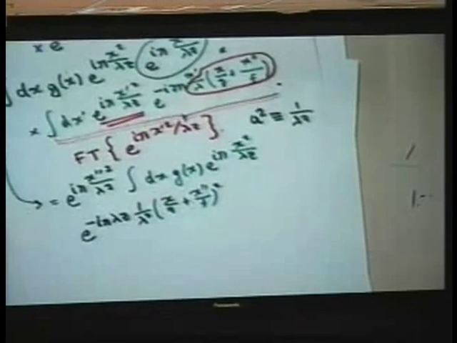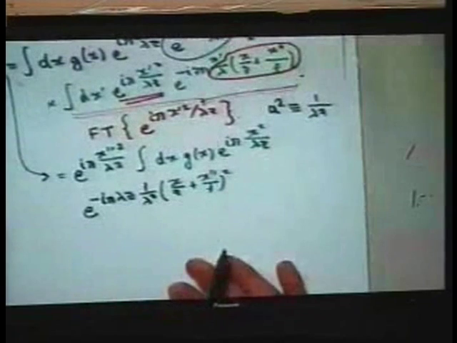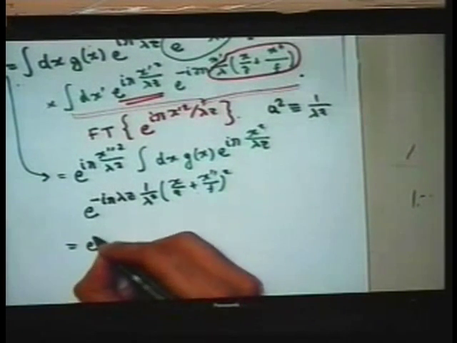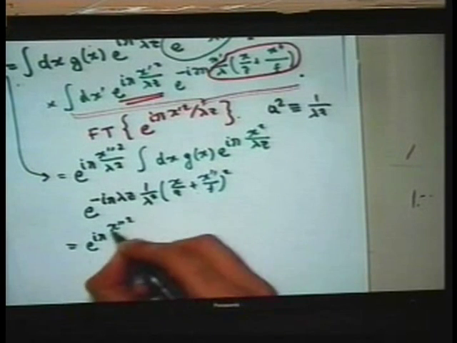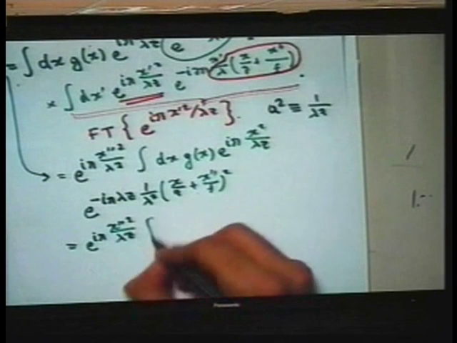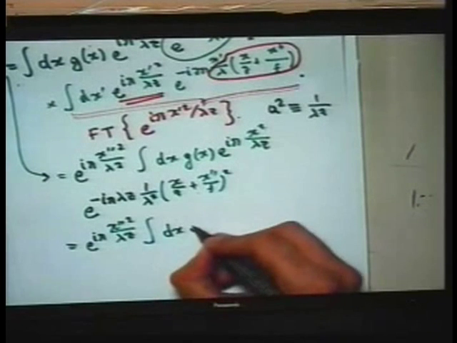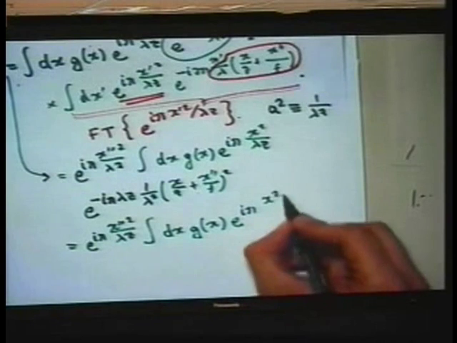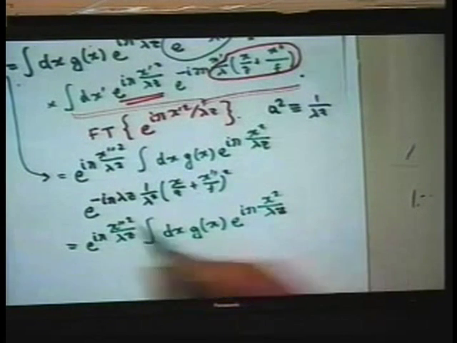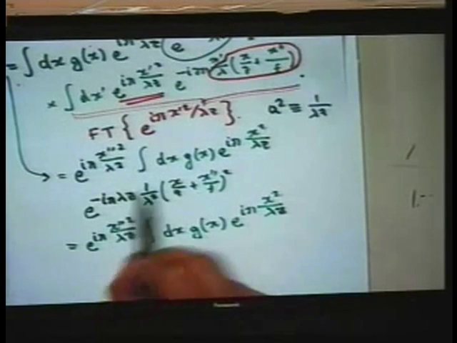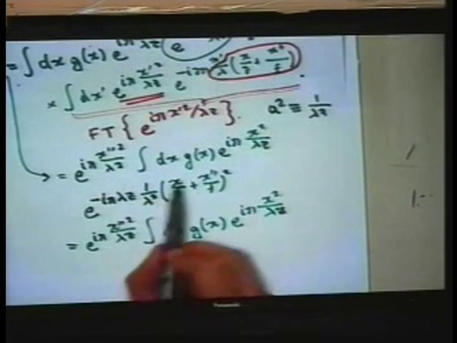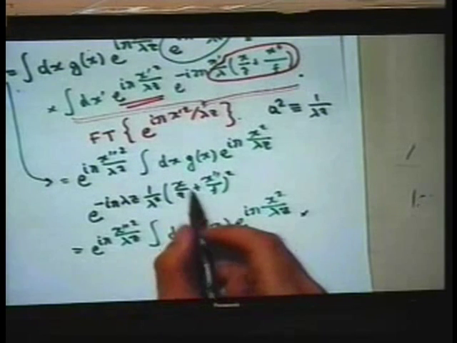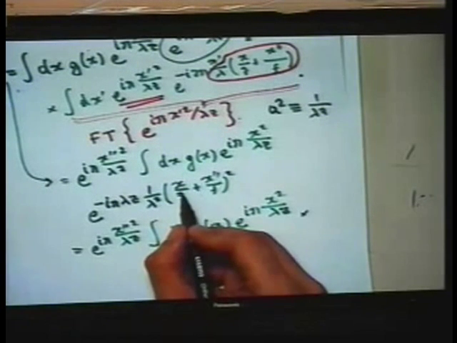Okay, that's it. So now I can manipulate it a little bit further. And now let me write out all these exponents that come out of this square. So the first one will be x square upon z square.